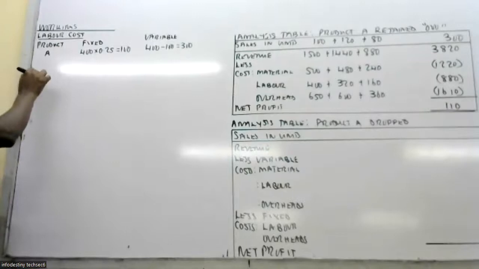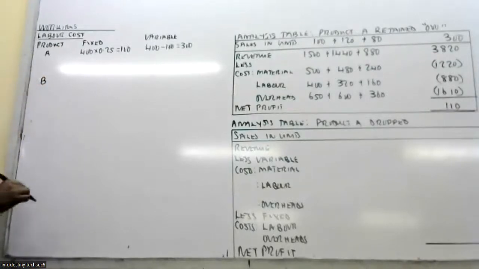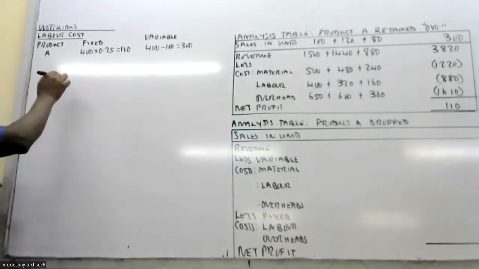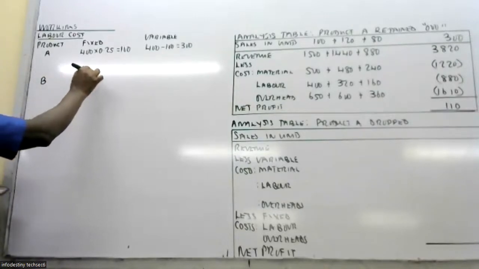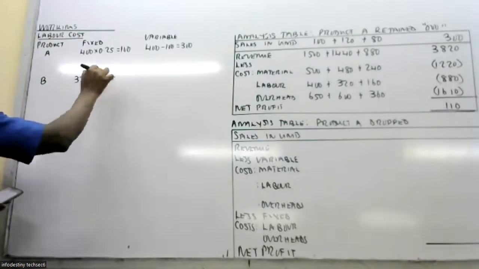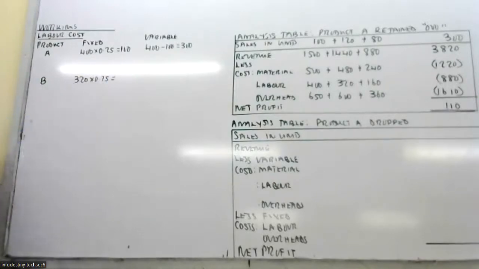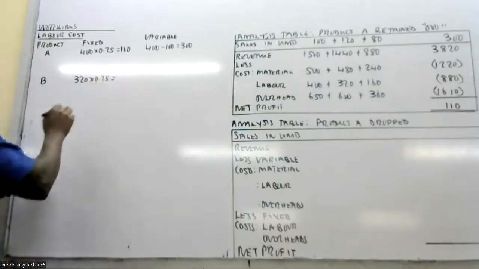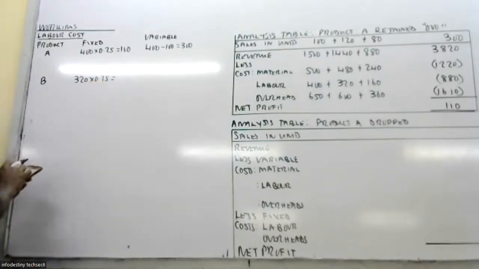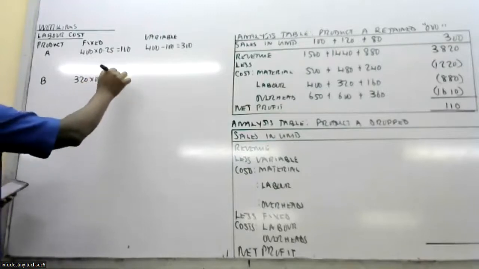When we come to product B, we have labor of 320 multiplied by 0.25. That gives us 80.